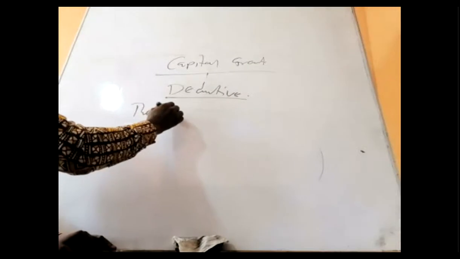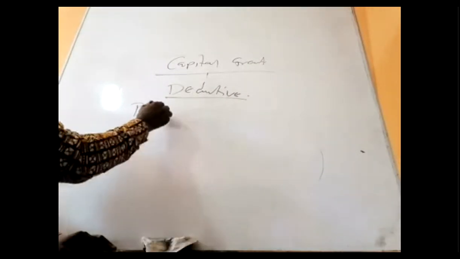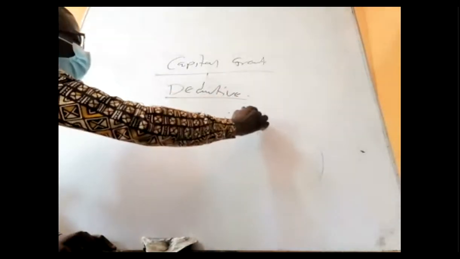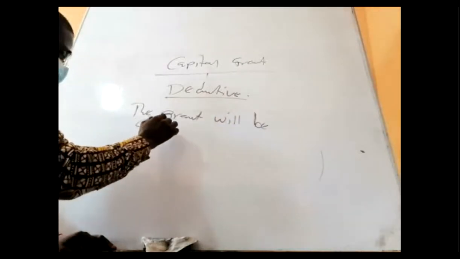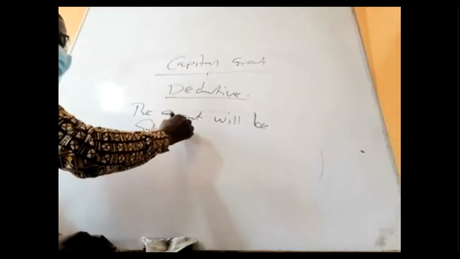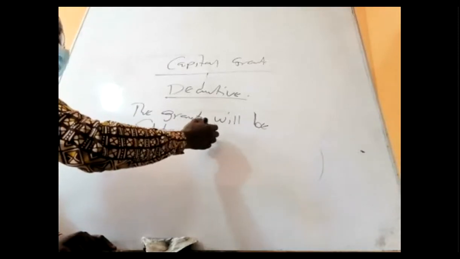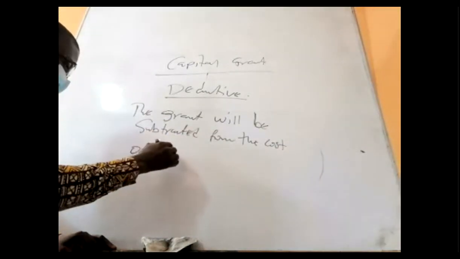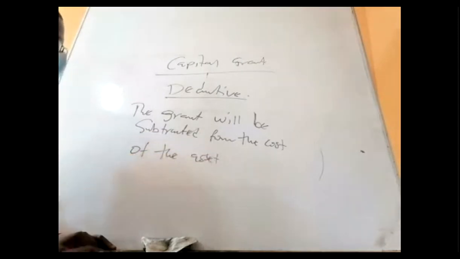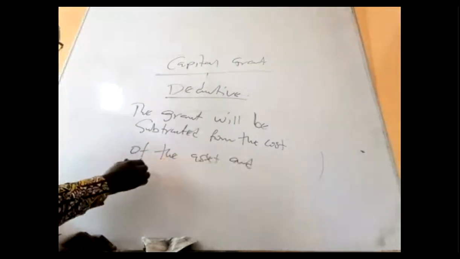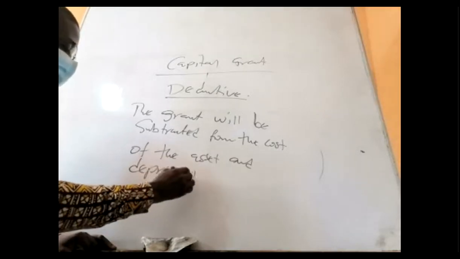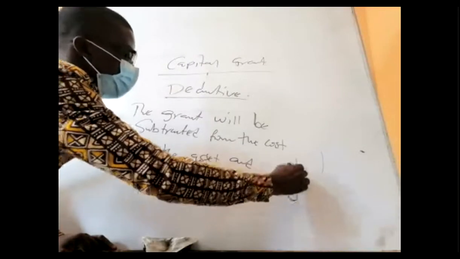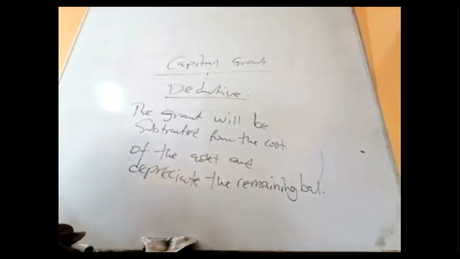The grant will be subtracted from the cost of the asset and depreciate the remaining balance.